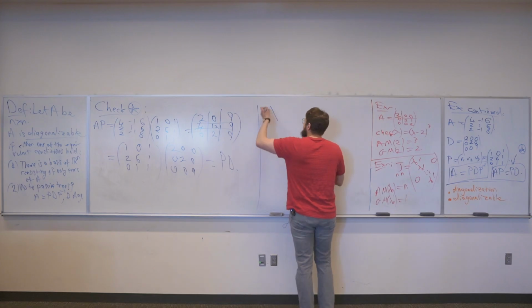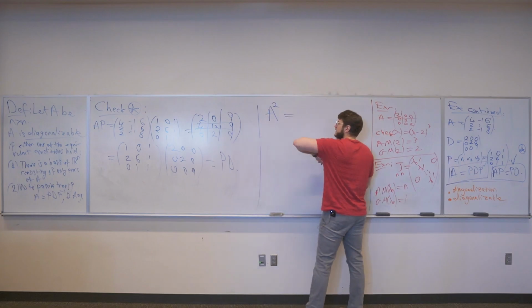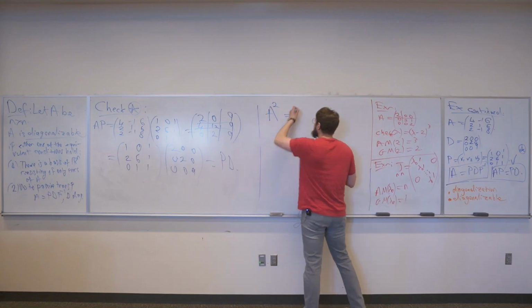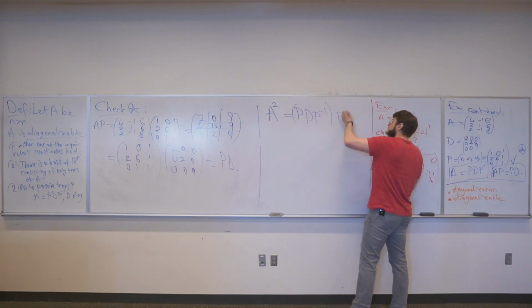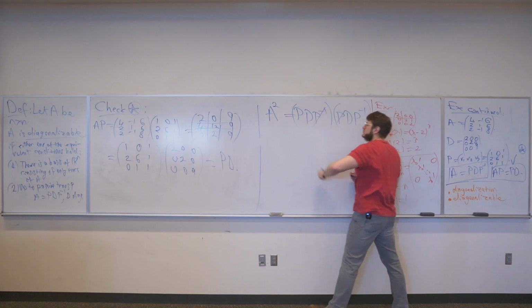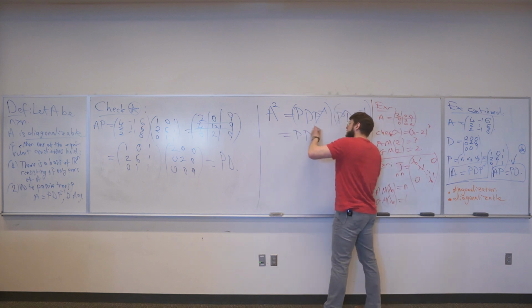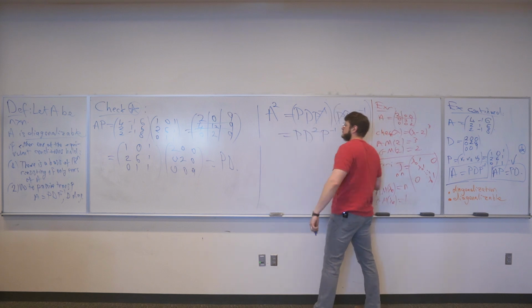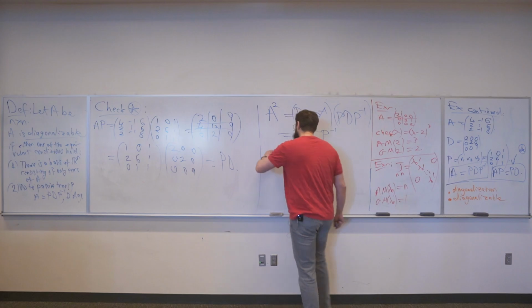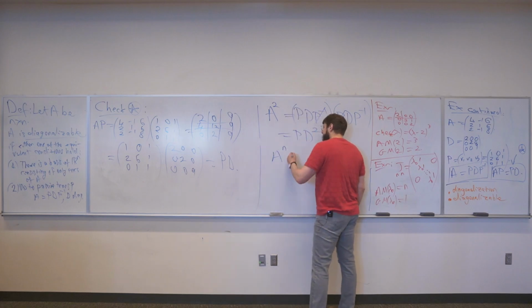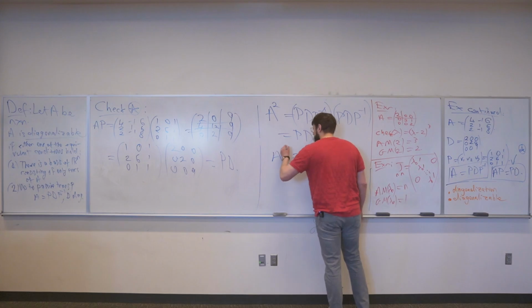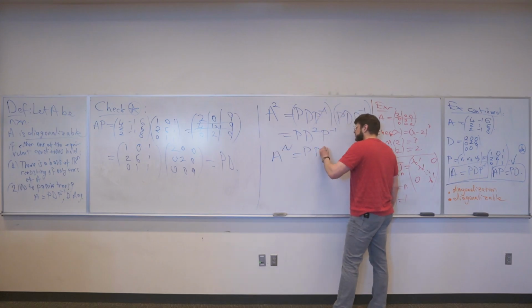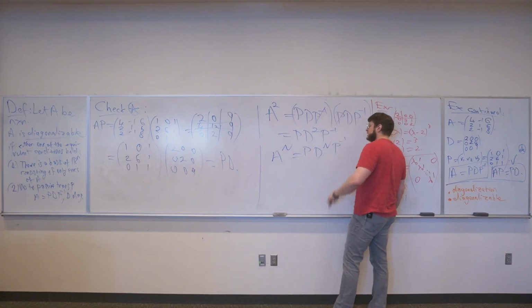So for instance, A to the 2 is, I'm going to replace it by PDP inverse. These two cancel out, and you get P D squared P inverse. And more generally, the same thing works. A to the N is P D to the capital N P inverse.